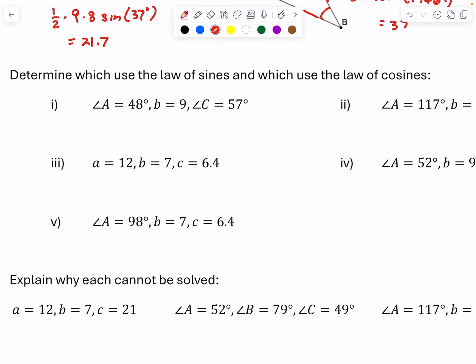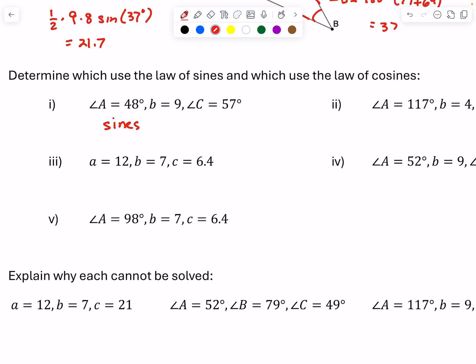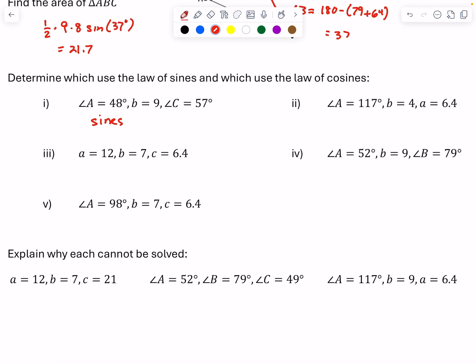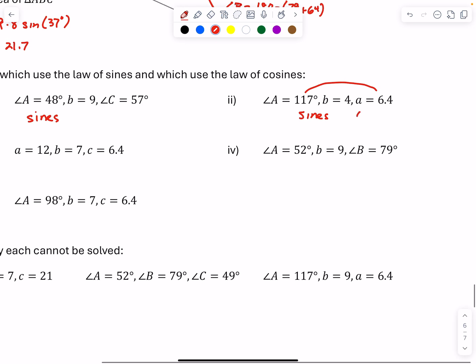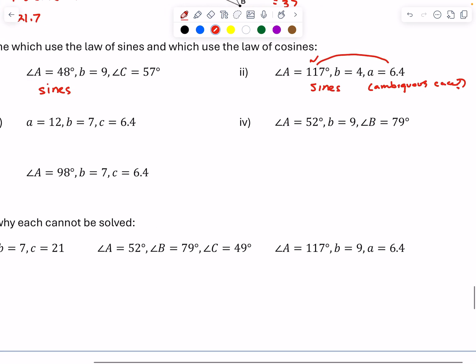All right. This is two angles. This is ASA. This is law of sines. Anytime you have two angles, or an angle and a side across from it, you have law of sines. This may be the ambiguous case. Is it? No, because the 117 is bigger than 90, so there's only one.